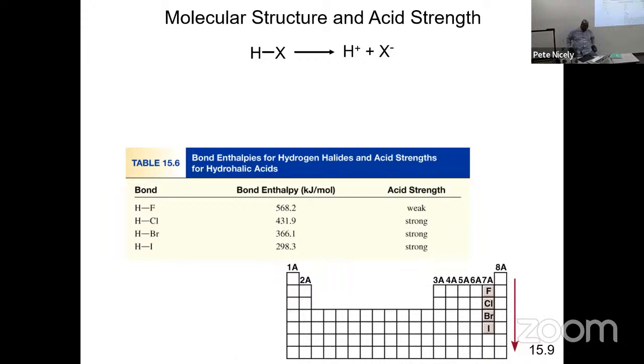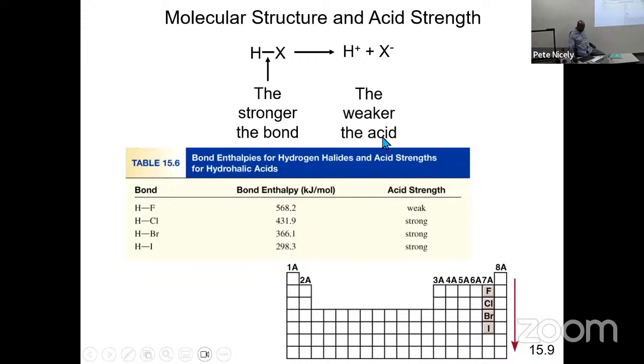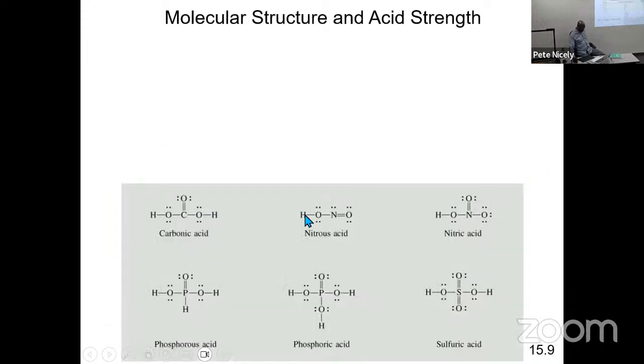And that is true for group 7A acids, group 6A acids, and others, all right? So basically, the stronger the bond, the weaker the acid, or the weaker the bond, the stronger the acid, right? So that's one trend that is observed when it comes to acid strength. Hydrofluoric would be the weakest acid, while hydroiodic would be the strongest acid.